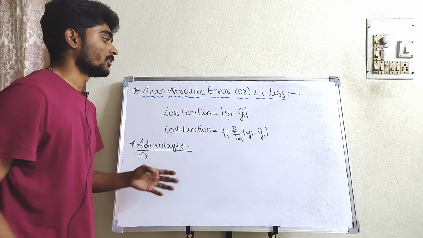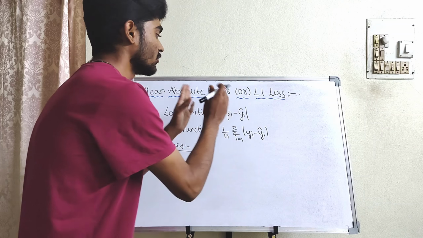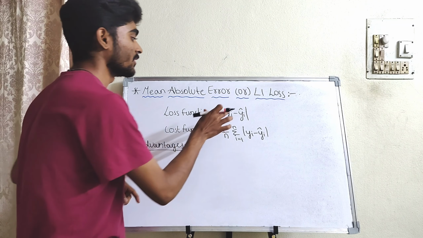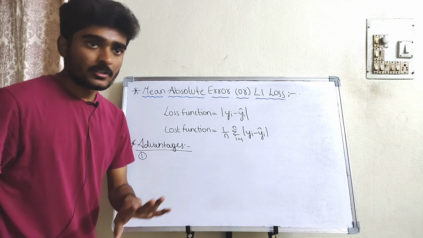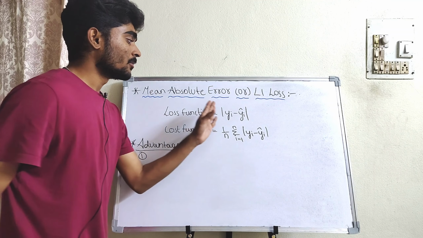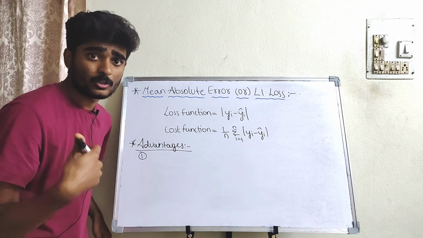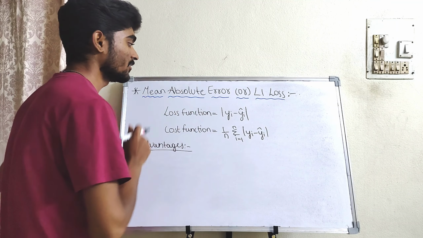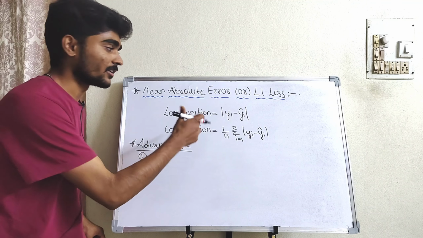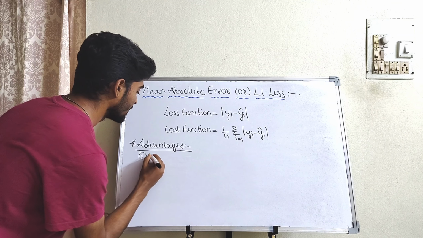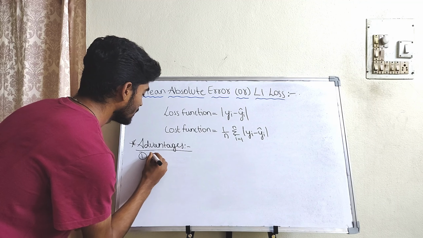In the calculation of the loss function, we just apply the modulus operation between the true output and predicted output. So it is easier to interpret, meaning we can understand just by seeing. The equation is not complex, it is simple to understand. So the first advantage is that it is easy to interpret.